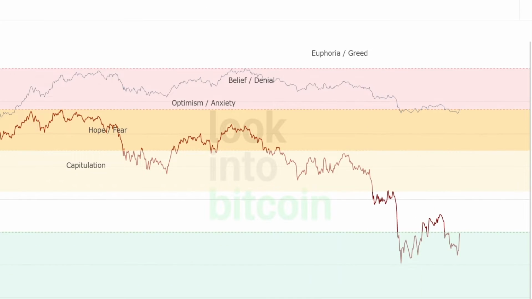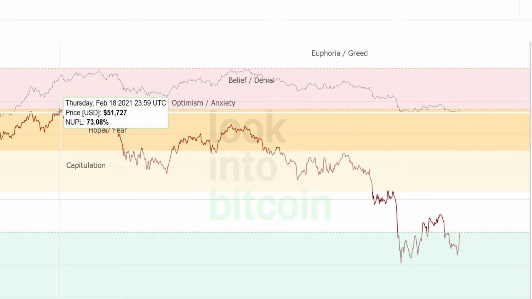But if you take a look at the last bull market and we look at the NUPL score at about here, in this case, it's 73%. You have the price at about $51,000, which is somewhat close to the highs here.